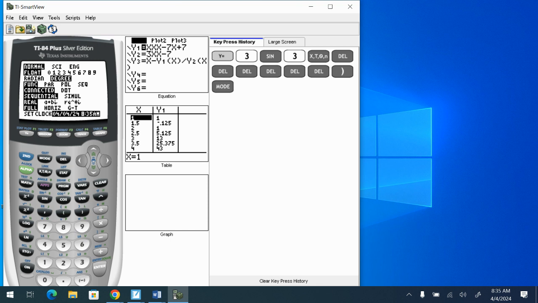Now, we can use a table also in our calculator. Our calculator will do nice things for us. If you go to second and window, which is your table setup, I want to start at a value of 0.